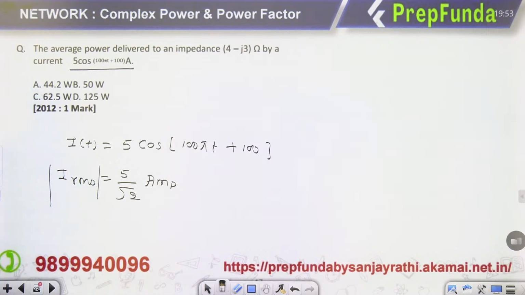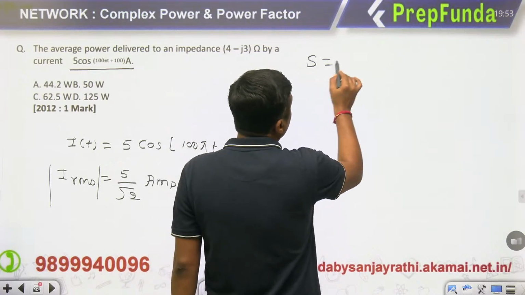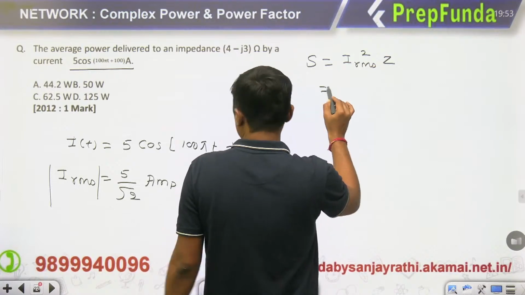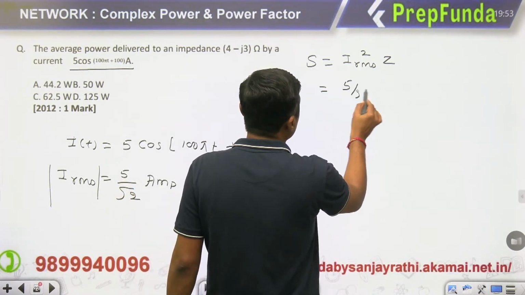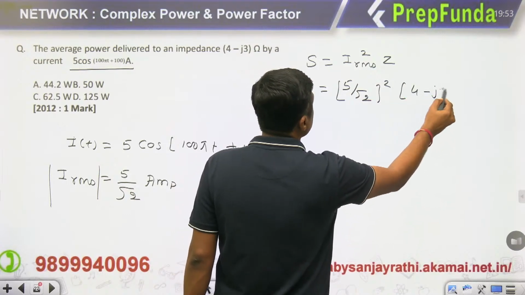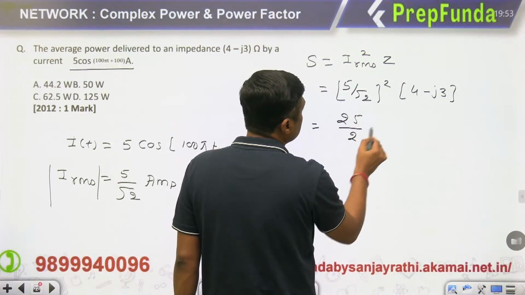RMS value. And what is the impedance? 4 - j3. So directly you can multiply I RMS square into Z. So what is this? 5 divided by √2 square, 4 minus j3, then it will become 25 divided by 2.